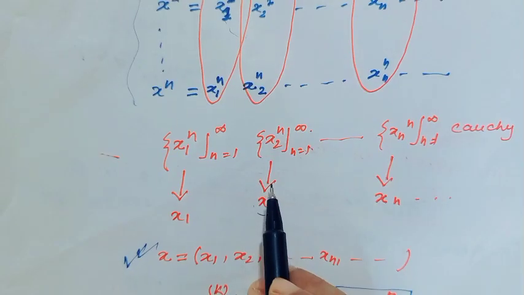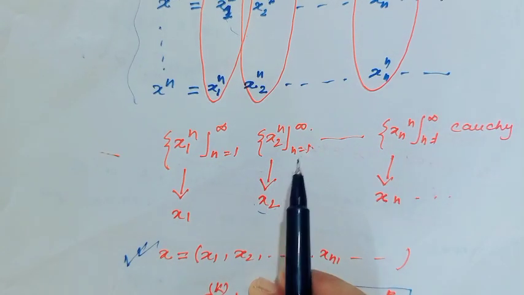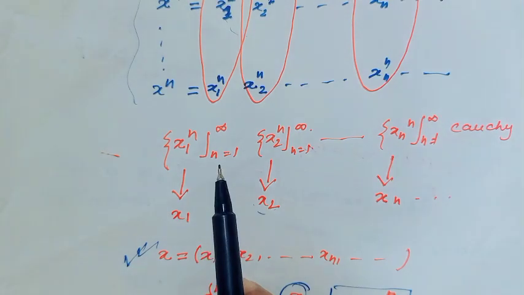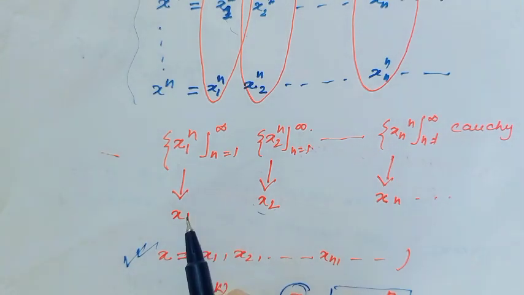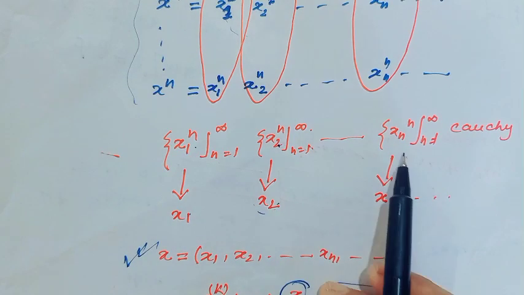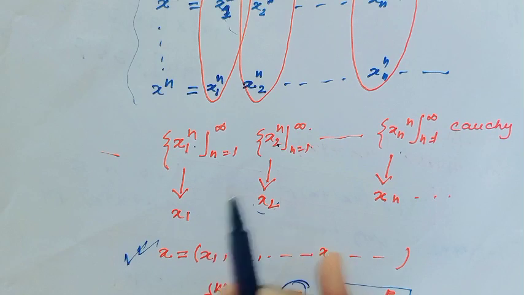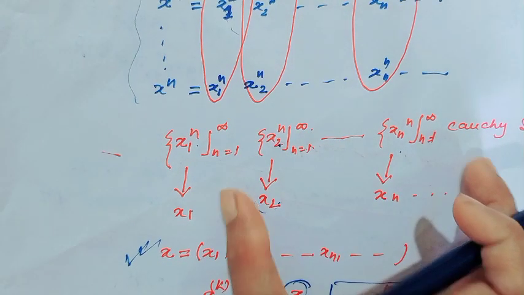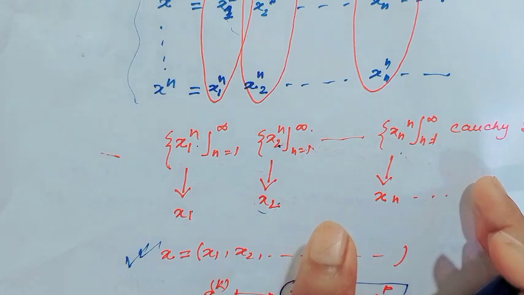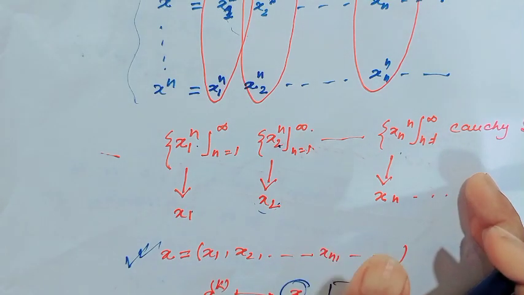I have told you at first our goal: we have to show each component converges to x1, x2, xn, and each component converges because we all know R with respect to the usual metric space is always convergent.